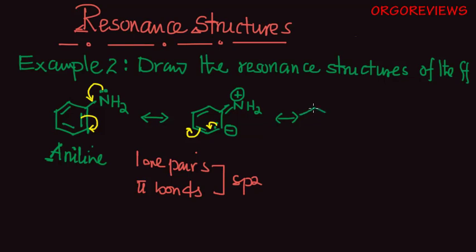That gives us the next resonance structure with this nitrogen plus on there. Now we have a double bond right here. However, there's a negative charge on this carbon, and the pi electrons on this side stay as they are. So we're going to go on with the next atom, meaning we have a lone pair here which will also be moved.